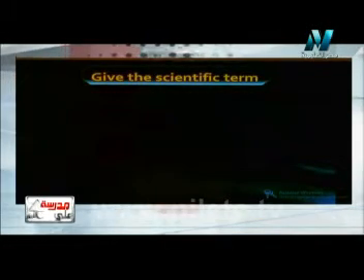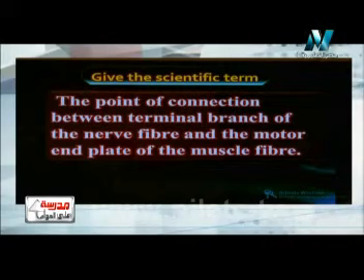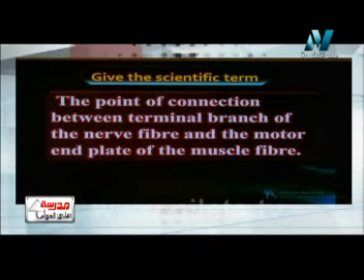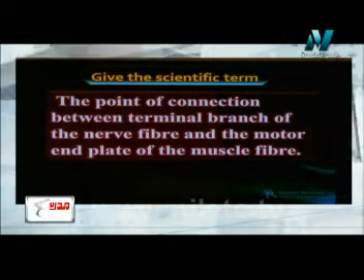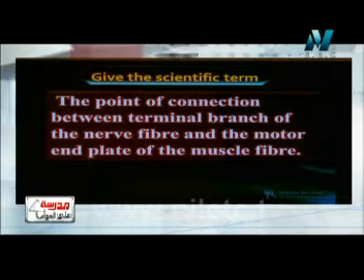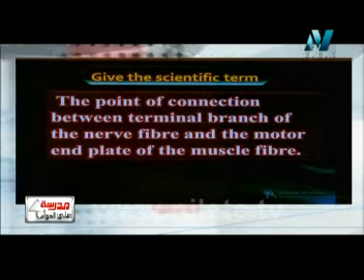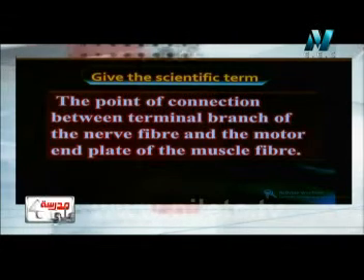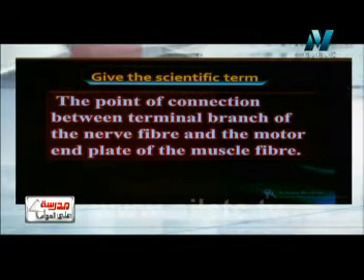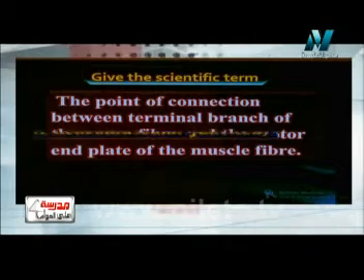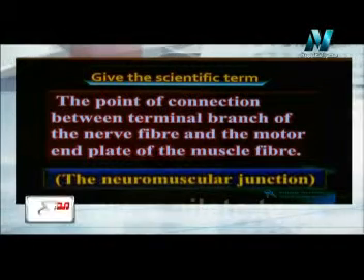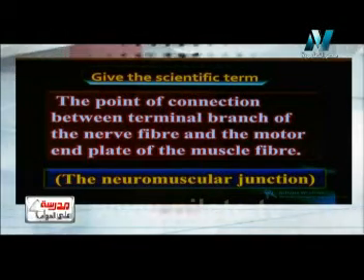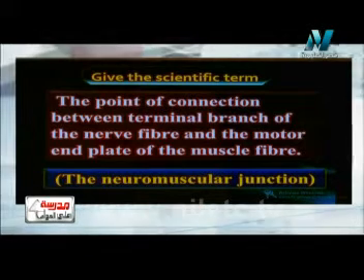The next question: a point of connection between the terminal branch of the nerve fiber and the motor end plate of the muscle fiber. The point of connection between the terminal branch of the nerve fiber, meaning the terminal arborization, and the motor end plate of the muscle fiber is called the neuromuscular junction.